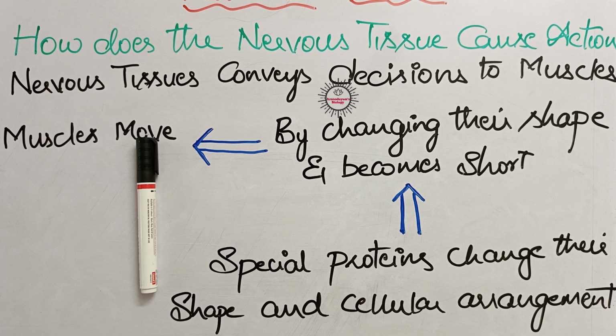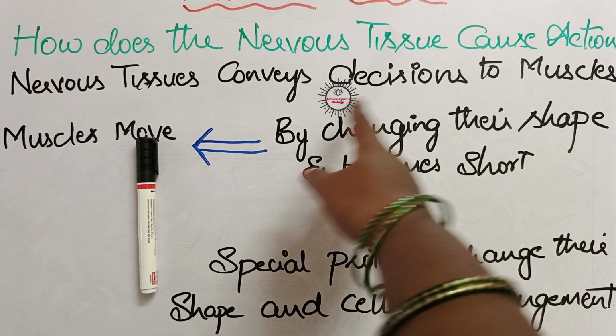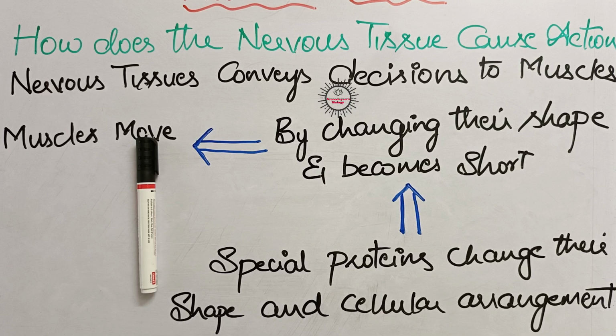The neurons present in my brain will analyze and process that information and convey some decision. That decision will be taken to muscles. That means muscles will do the final job here. The nervous tissue, that means the brain, has taken some decision and that decision will be conveyed to muscles.